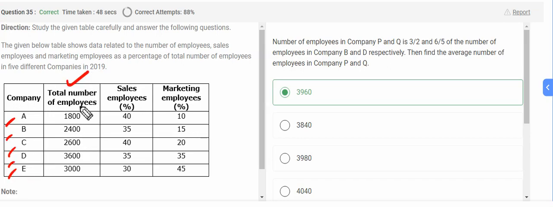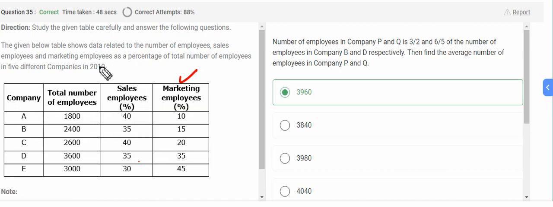Total number of employees working in each company is given respectively against all the companies, and the second column says the sales employee, and this data is given in terms of percentage. So this is 40%, this is 35%, this is 40%, this is 35%, and similarly for this column also. So this column belongs to marketing employees and this column belongs to sales employees.